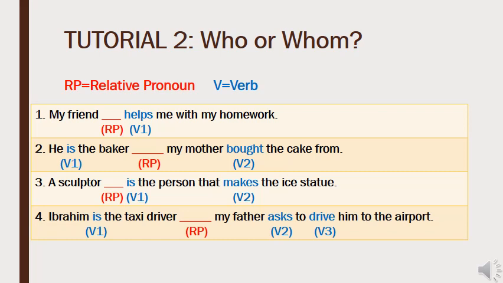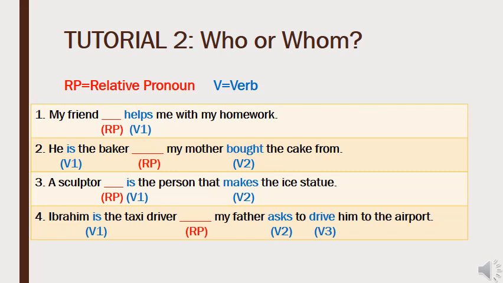Who or whom? The answer is who, because like I have told you, who comes before the verb, while whom comes after the first verb. But in this sentence, both of the verbs are behind. So, both of the verbs are after the relative pronoun. So, the answer is who. A sculptor, who is the person that makes the ice statue.